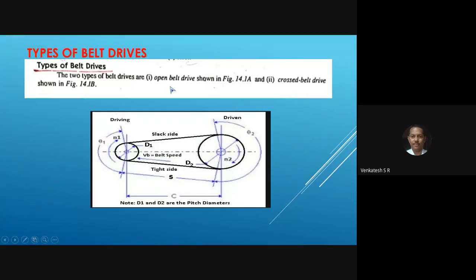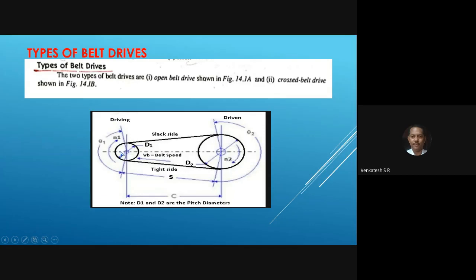Write down the rough diagram of belt drive. Put a small circle and a big circle and join these 2 circles with a line like this. Small diameter and bigger diameter. Write down this driving.